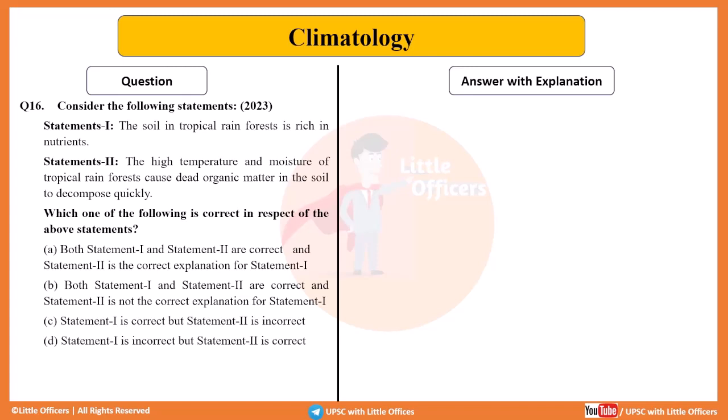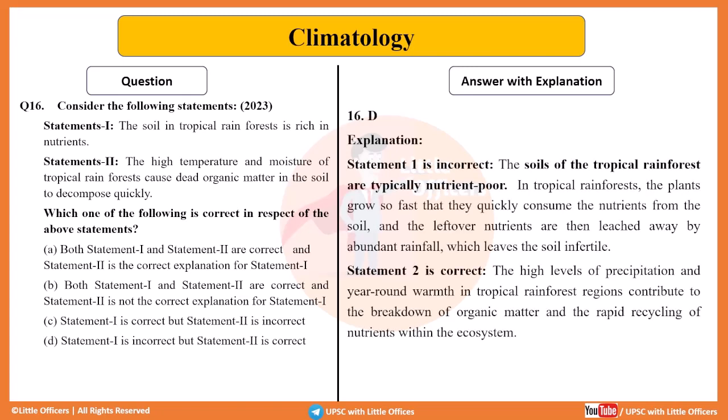High temperature and moisture of tropical rainforests cause dead organic matter in the soil to decompose quickly. This is true. There is quick decomposition of the organic matter by organisms because of high temperature and humidity. But the problem is that the decomposed material, the humus or organic matter, is being leached because of the good amount of rainfall.